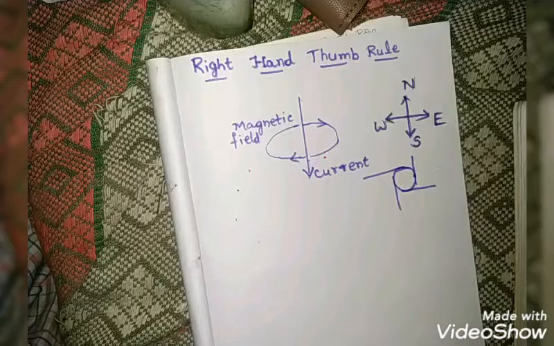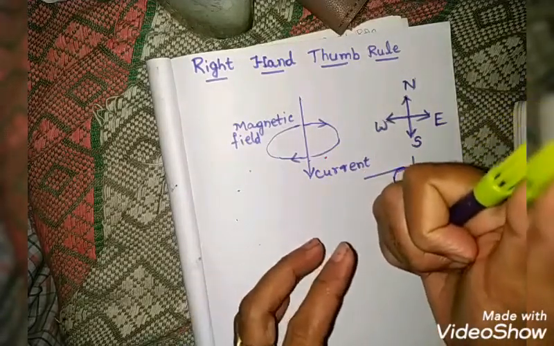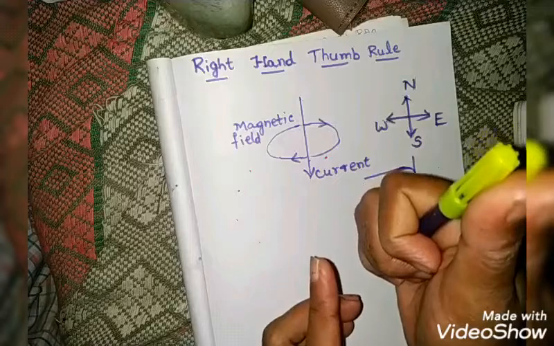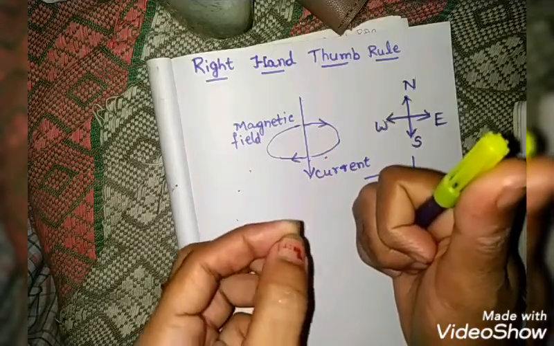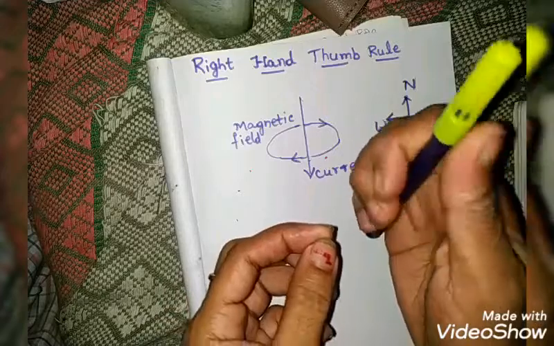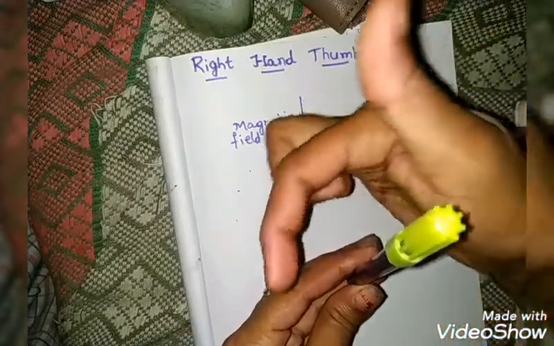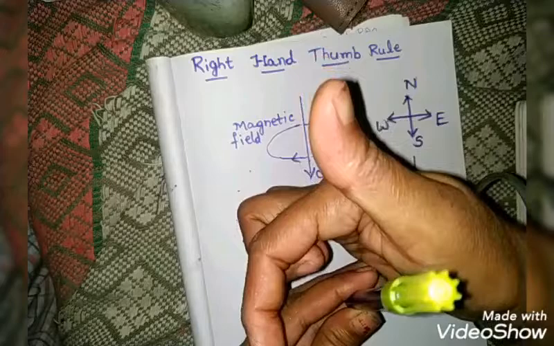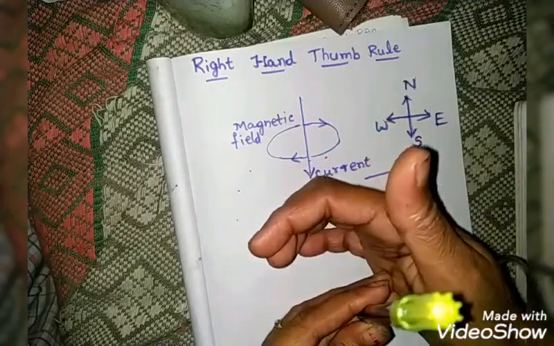Okay. You are holding like this and you want to find out the direction of the magnetic field at this particular point. Let us think here. Here I have to find out the magnetic field means first you have to imagine in which direction now? In this direction, children. See here. Isn't it?